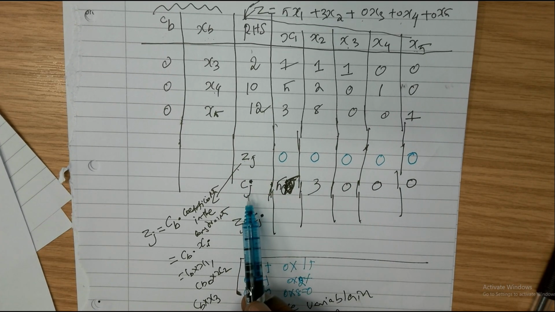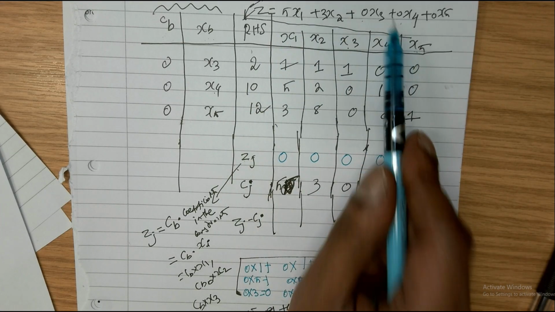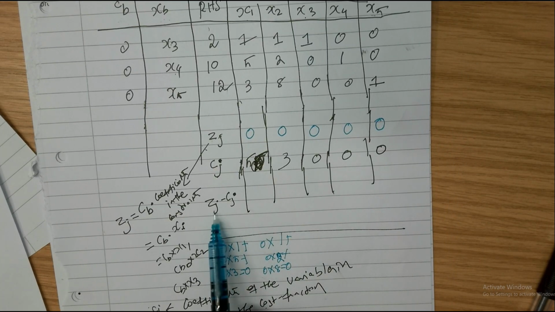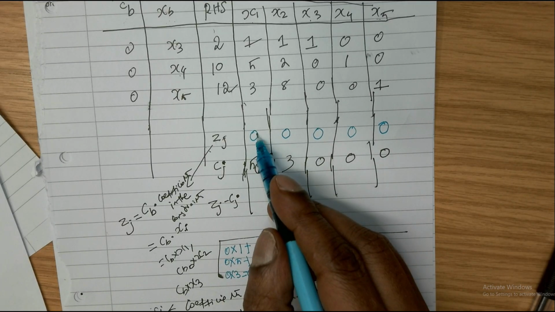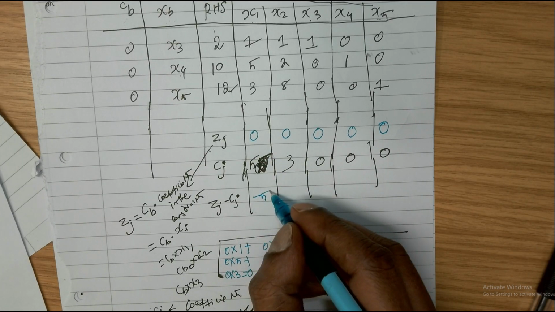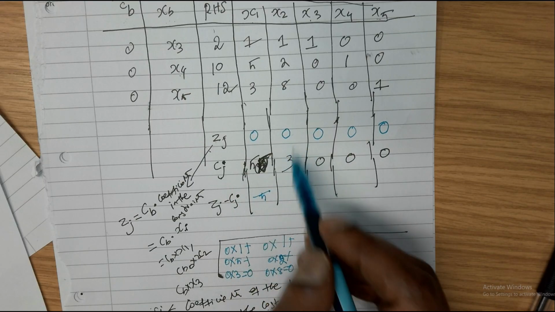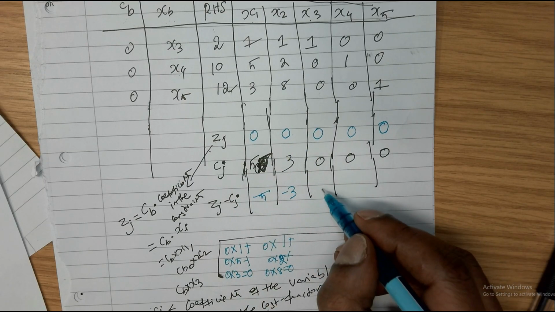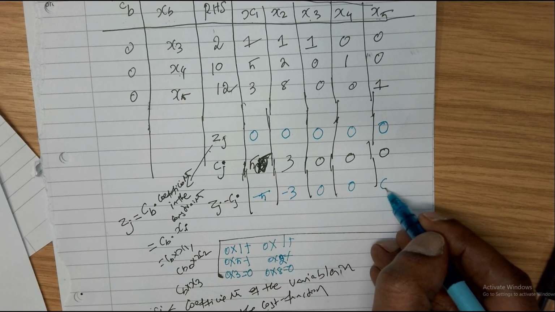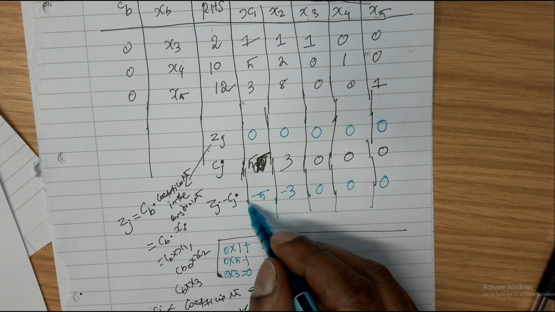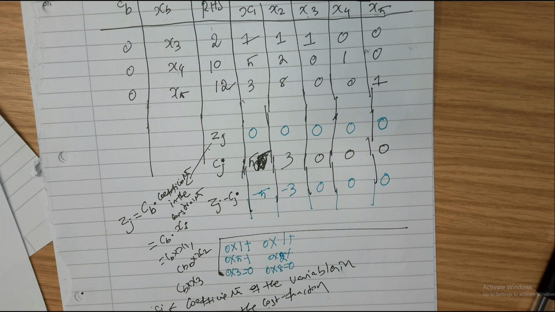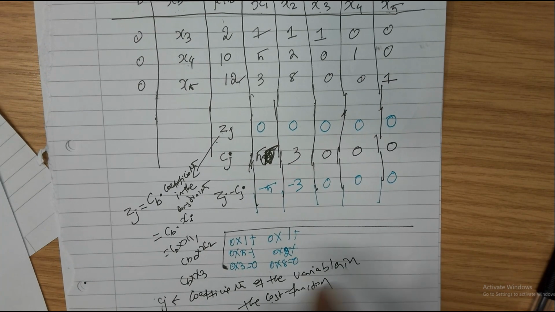And now we calculate the coefficients of all the variables in the cost function, which we entered here. So now we have to calculate Zj minus Cj, which is 0 minus 5, that makes it minus 5, 0 minus 3, that makes it minus 3, this makes it 0, 0 and 0. We almost completed the initial simplex table, and from now you have a lot of tricky business to do.